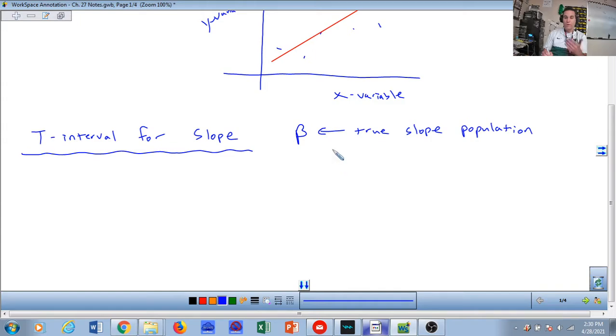We don't know the true slope of the population, so that's what we're trying to express. Well, beta will be whatever our slope is, B1, I think we called it. You could call it M, whatever you want. So there's your slope, plus or minus your t critical times the standard error of your slope.